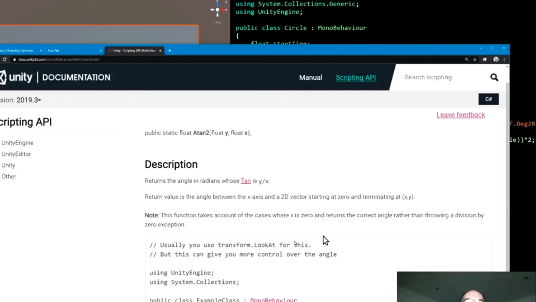It returns the angle in radians whose tan is y over x. Rise over run. Returns the angle in radians whose tangent is y over x.